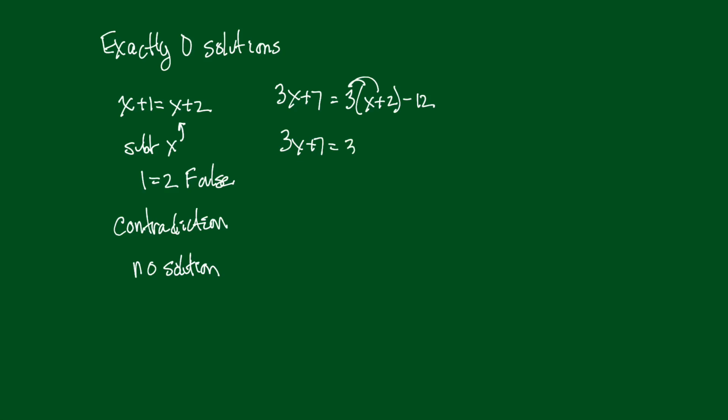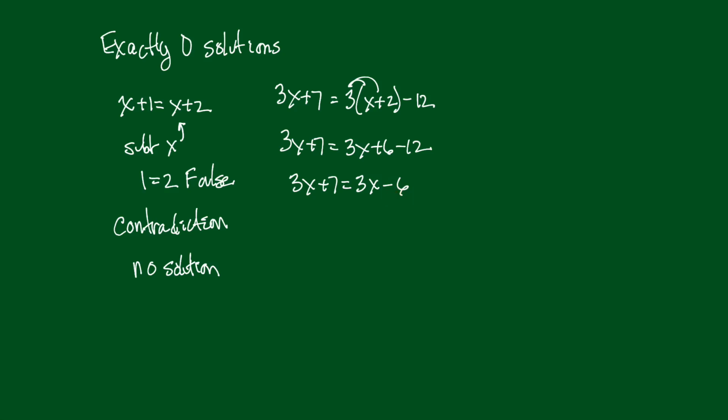Distributive property. We'll get 3x plus 6, and then minus 12. So on the left side, we've got 3x plus 7, and on the right side, 3x. Now, 6 minus 12 is minus 6. Now, you can maybe see it right here. You take any number and you triple it, add 7. Well, what if you take that number and triple it and subtract 6? They cannot possibly be the same.